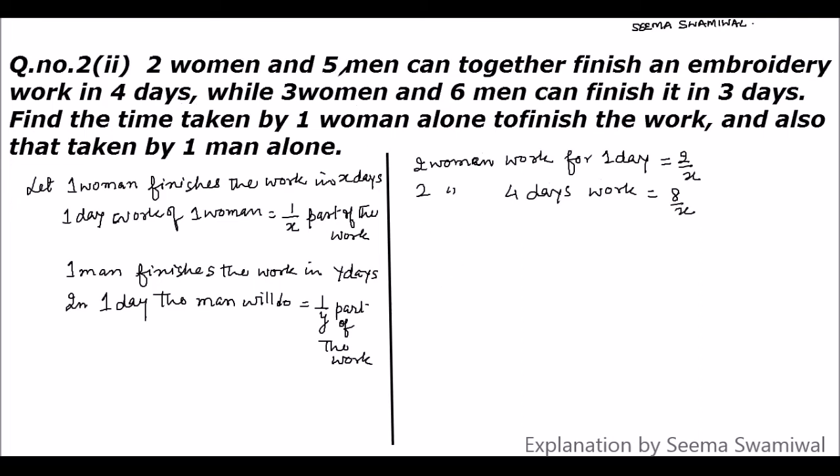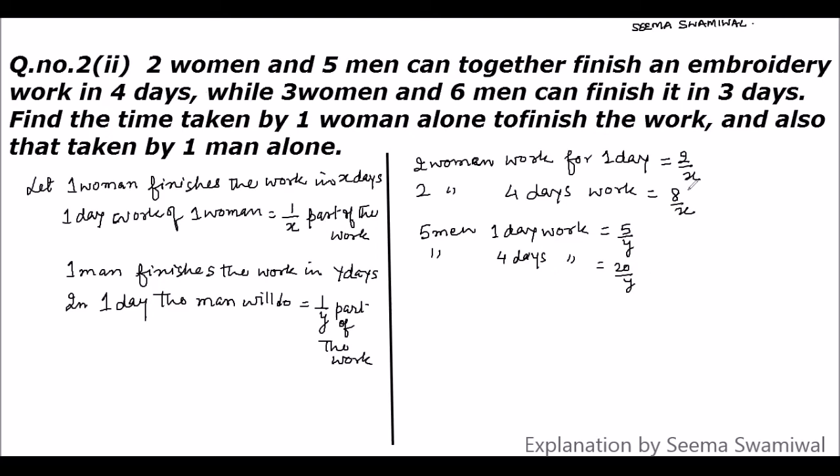Similarly, he employed 5 men. Therefore, for 5 men, 1 day work will be, as 1 man does 1 by Y part of the work, 5 upon Y part of the work. And they are also working continuously for 4 days. So 5 men's 4 day work will be 5 fours are 20, 20 upon Y. Both of them together, that means 2 women and 5 men together finish the job.